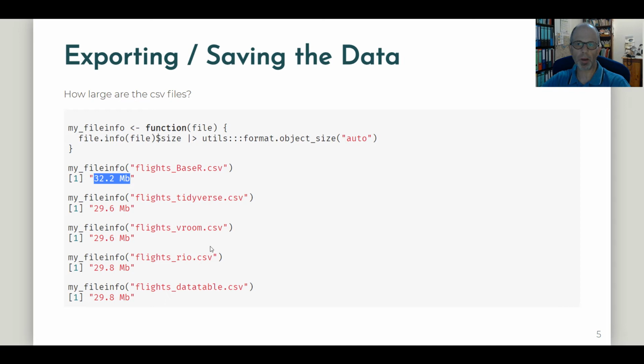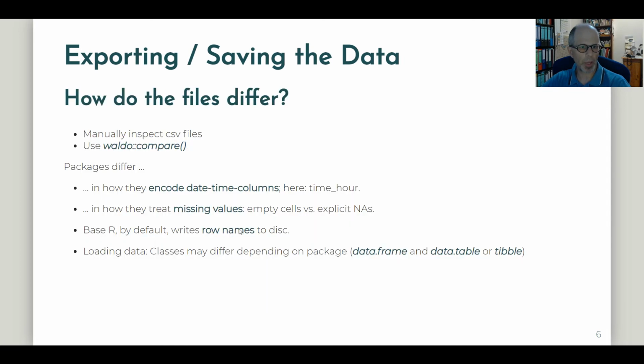Now, to find out more about these differences, we can manually inspect the CSV files, of course, but we can also load the files into memory and then use the compare function from the waldo package to find out more about the differences. You can see more of the code on my GitHub and in the code for this presentation. It's a xaringan presentation created completely from within R.